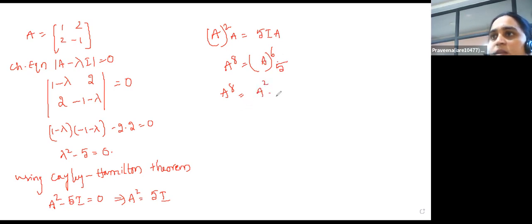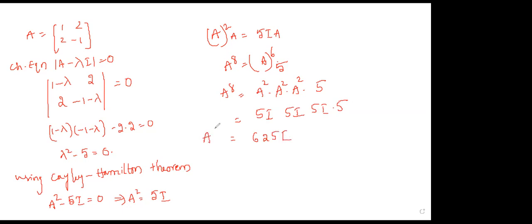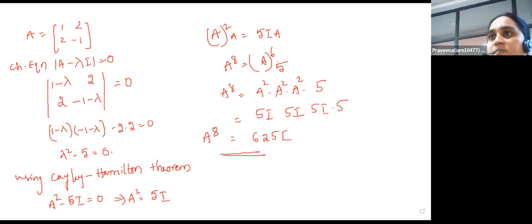This is A square, or else A square into 5. What is A square? 5I, into 5. That is 625 into I. This is A power 8. Right?